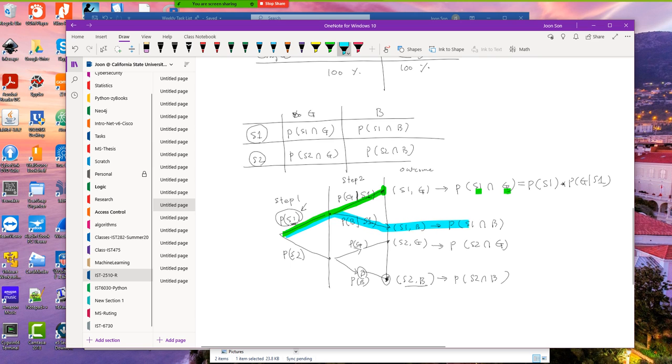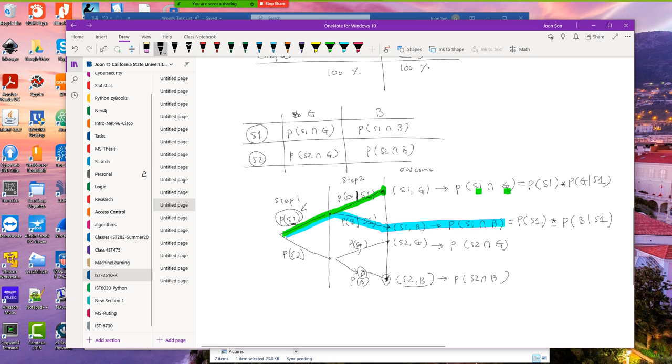You first have to take S1 and multiply. This means the multiplication has to take place at the same time, right? And then the probability that it's B given S1.